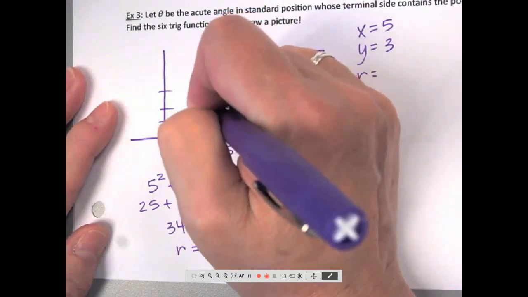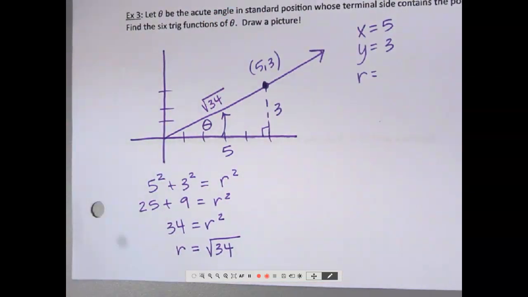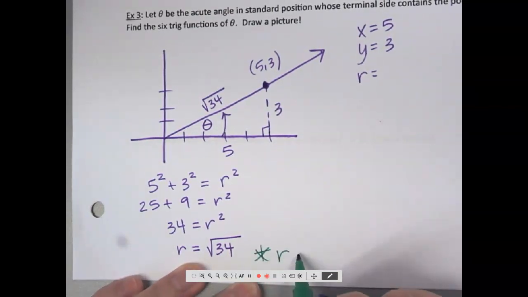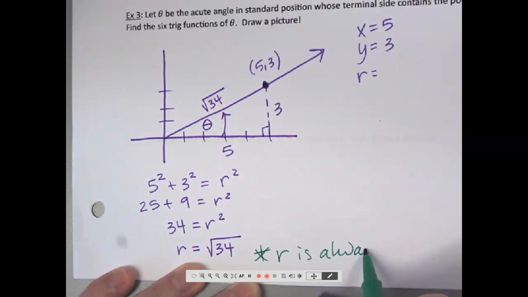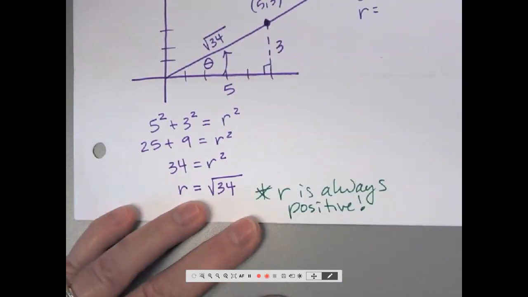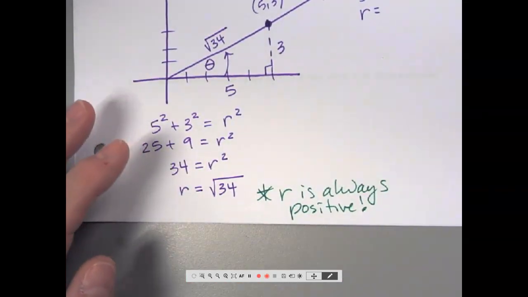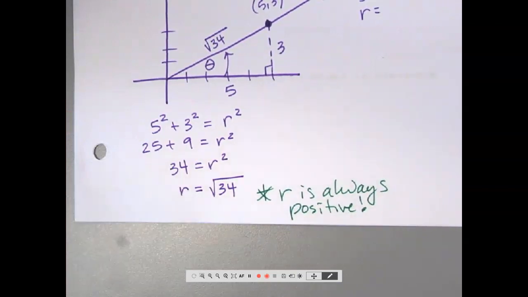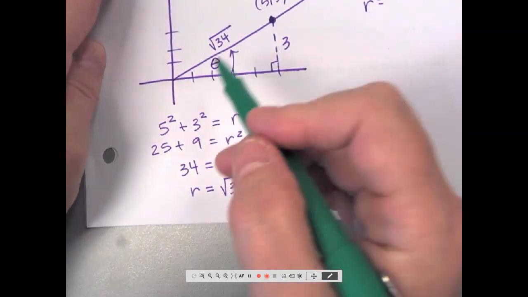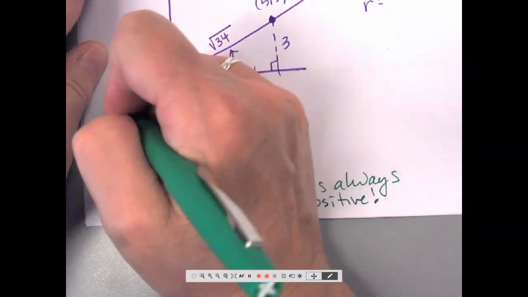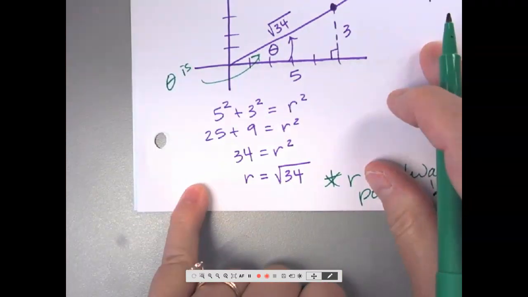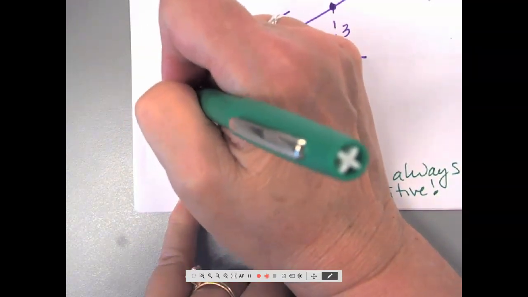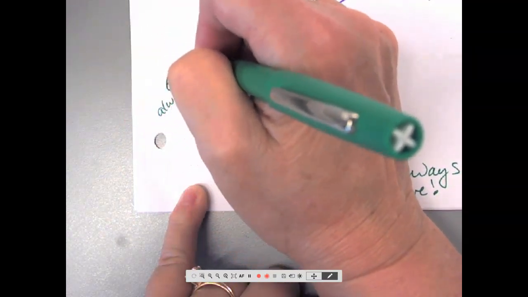Now, the radius of a circle is really what this r represents, and a circle's radius is always positive. So I'm going to put a note here. R is always positive, no matter which quadrant we're in, or which axis we're on. I'm going to write a note here as well. Theta is always near origin.